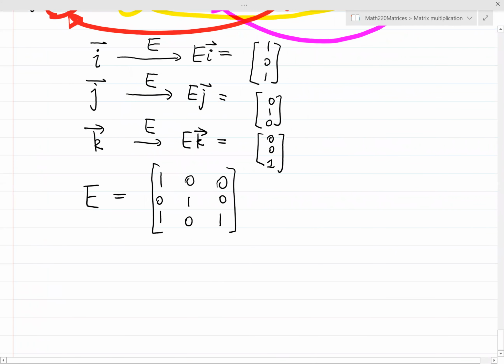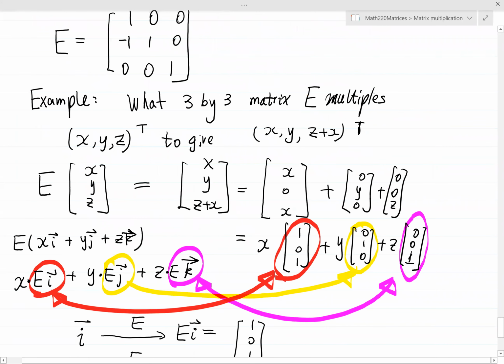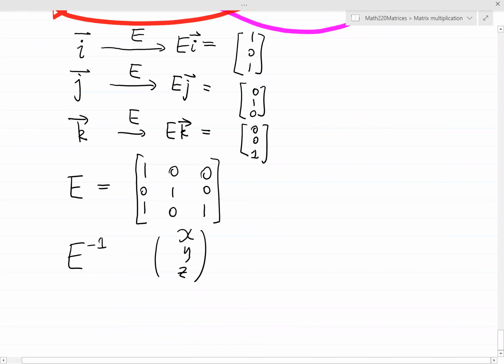Now what E inverse does: X, Y, Z. Here, last time what E did is we add X to the third component Z. Now E inverse, the inverse of addition should be subtraction.